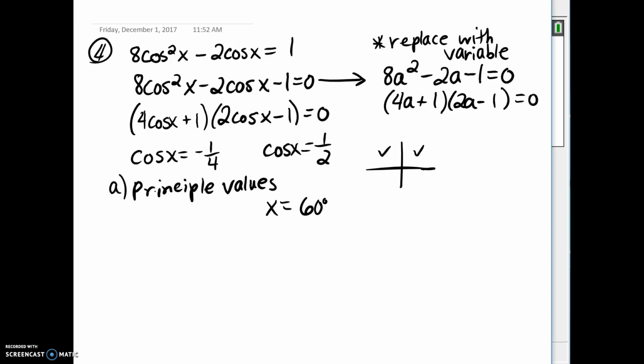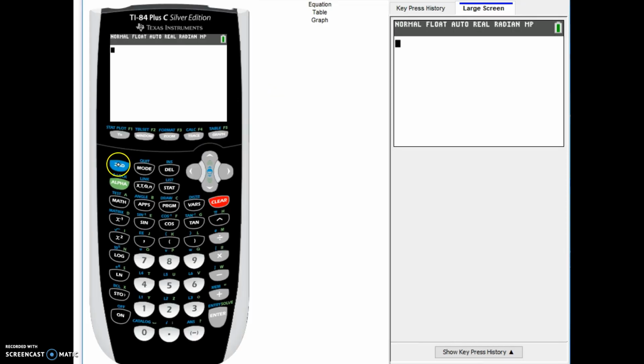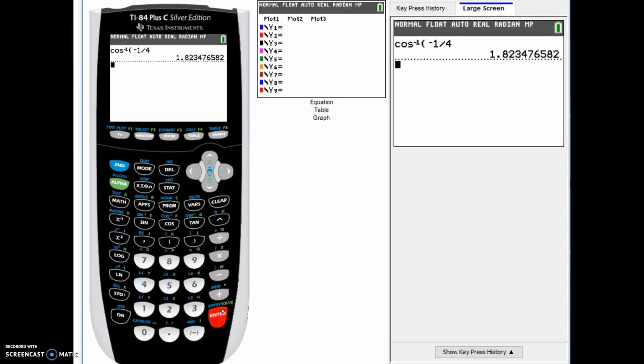Now for the other one, since we do need to go to the calculator, the nice thing about principal values is you can type it directly into the calculator. Whatever the calculator gives you is your answer. So we're going to hit second cosine or inverse cosine of negative 1/4. And that gives us an answer of 1.82.